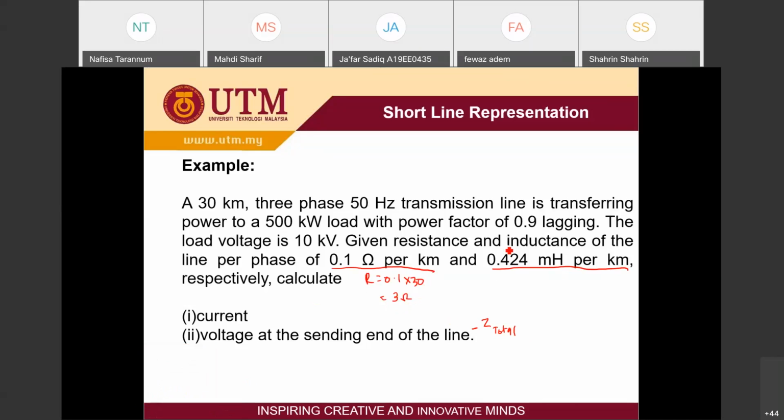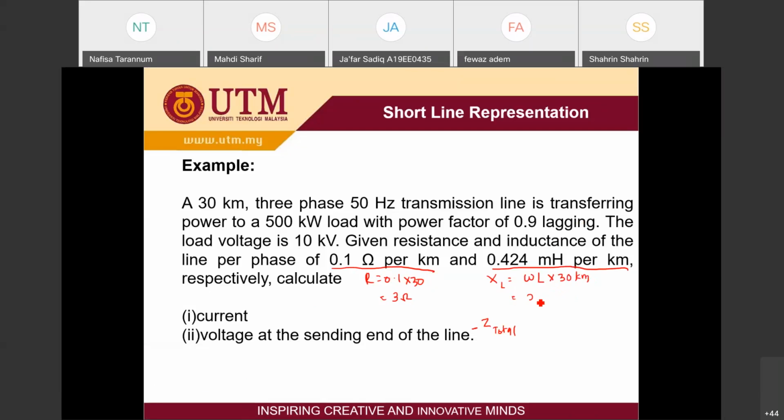What about XL? The next one is to get XL. XL is omega L multiplied by the 30 kilometers.